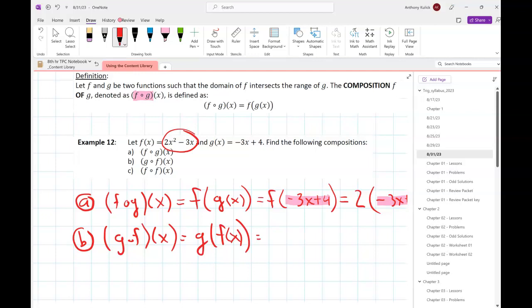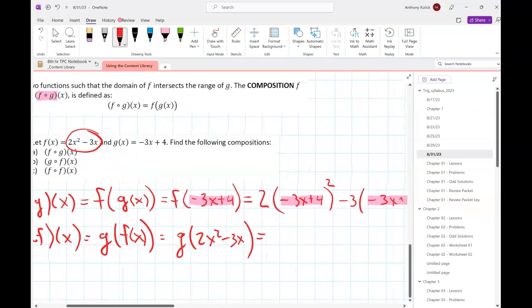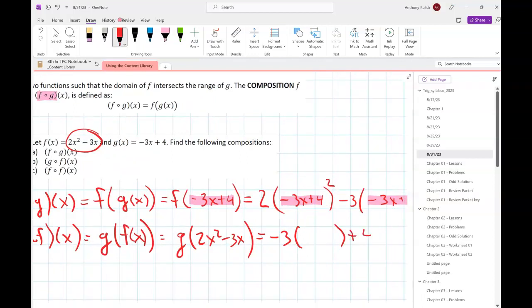So again, our definition tells us that's the same thing as G of F of X. And F of X is 2x squared minus 3x. When I plug that into G, G is negative 3x plus 4, but in place of x, I'm going to put that other stuff. So the stuff going in place of the x in G is 2x squared minus 3x.